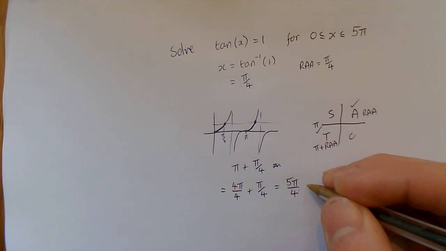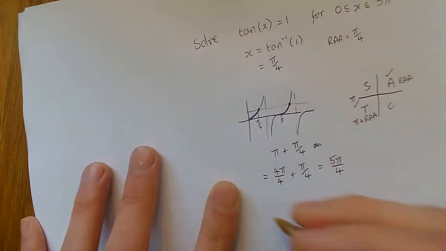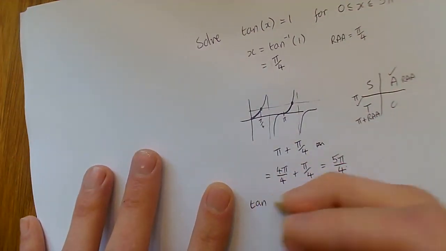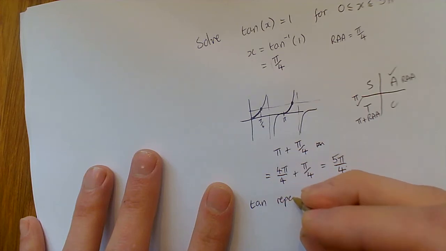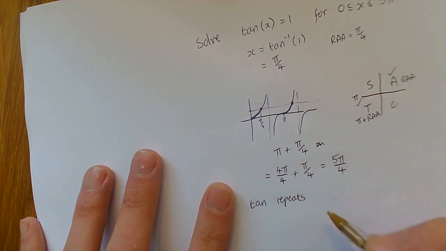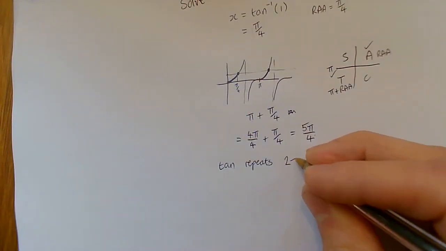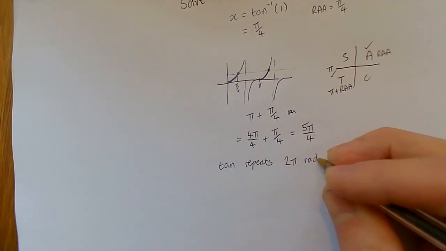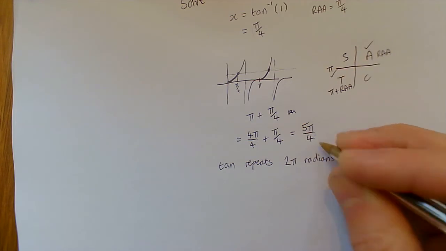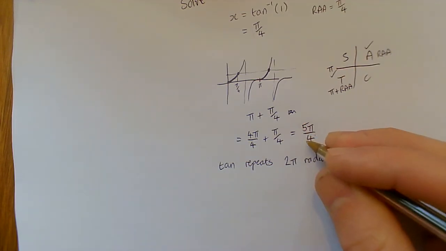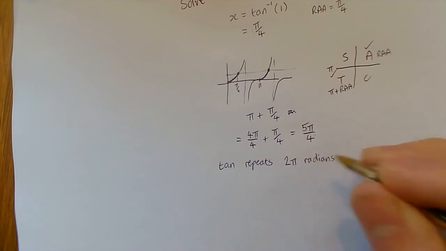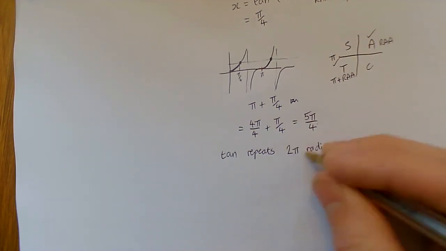So by turning this into quarters of pi, we can add them together nice and easily and get 5 pi over 4. Now, this is where we need to think slightly differently. Tan repeats. It does repeat every 360 degrees, but we're working in radians here. So we might want to write that instead, because we can't add on 360s to this and get sensible answers. It only makes sense if we keep working in radians. So we're adding on lots of 2 pi.